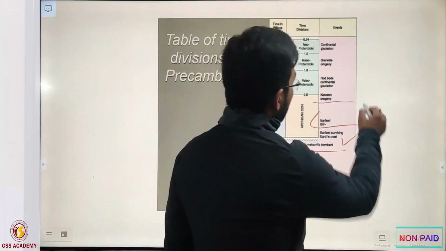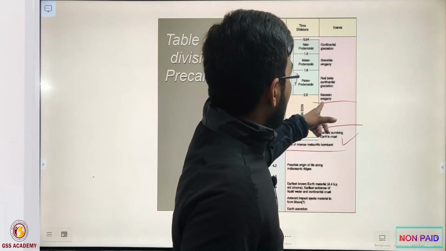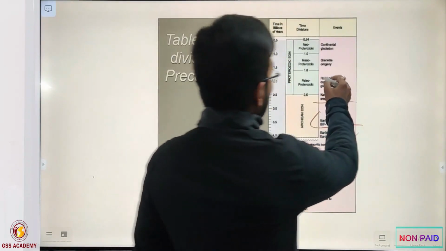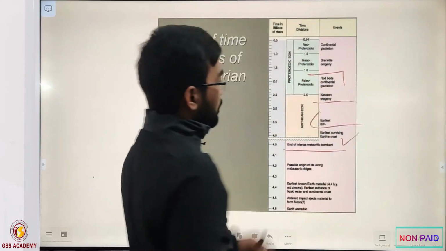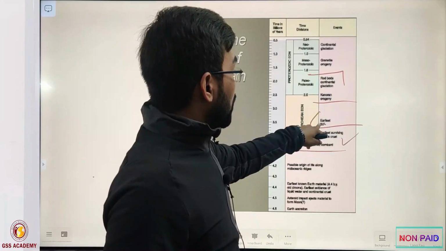After that, some major orogeny taking place at that time is the Kenoran orogeny, and after that you can see here, as in the previous slide, the red beds and BIF are already there.